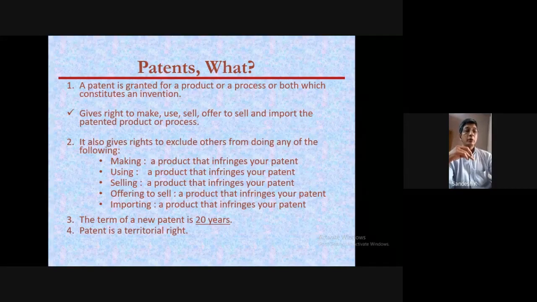So the term is 20 years, exactly 20 from the date of filing, and the patent is a territorial right. Territorial right is specific to the country. If we have filed it in India, India is the territory. We can claim only the ownership in India. And if we have not filed in Sri Lanka, the person in Sri Lanka is free to use our patent without any legal issues.